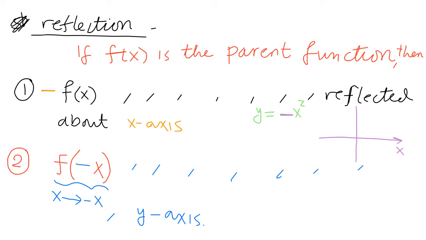So this is your x, your y. So y equals x squared going this way, right? Now imagine there's a mirror on x-axis. What you will see downstairs, you see this curve.